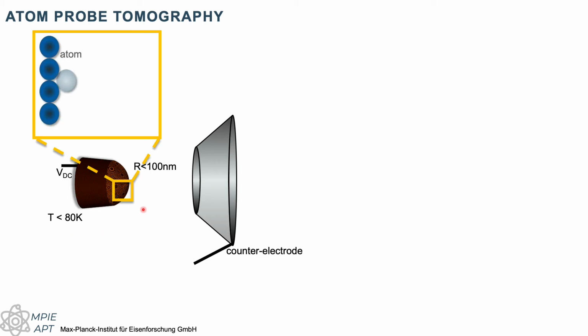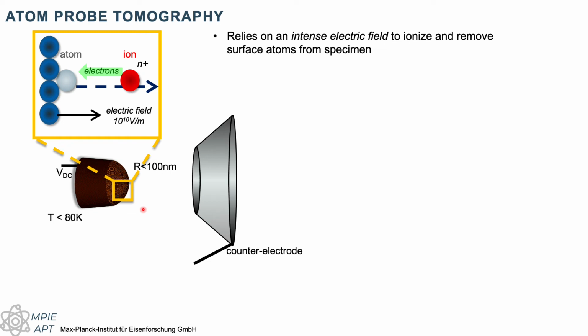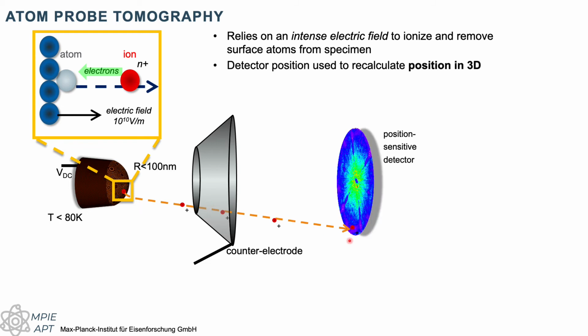When the field is sufficiently high, atoms start to be emitted in the form of ions, ionized once or multiple times. The ions will fly within this electrostatic field, go through the counter electrode, and we collect them onto a position-sensitive detector.